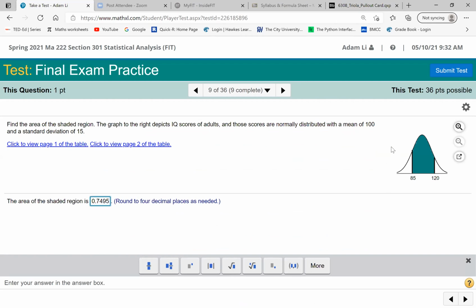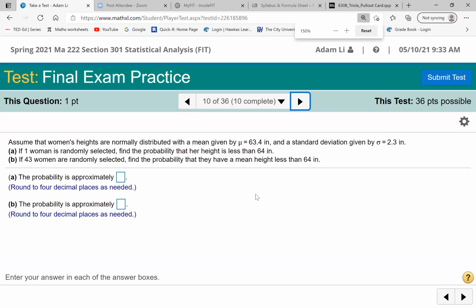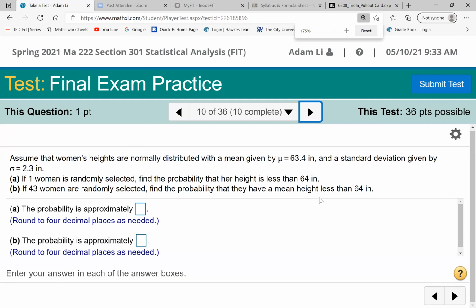Okay, so this is question 9, now question 10. So assuming that women's heights are normally distributed with a mean mu equal to 63.4, standard deviation sigma equal to 2.3, one woman and 43 women, right? If there's only one woman, we're still using the regular z-score formula.